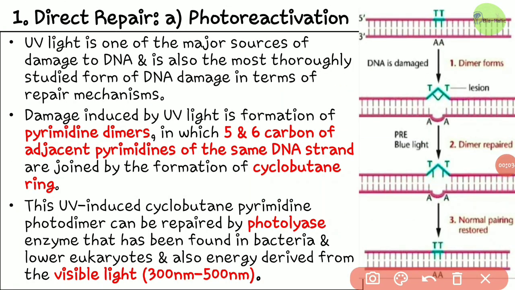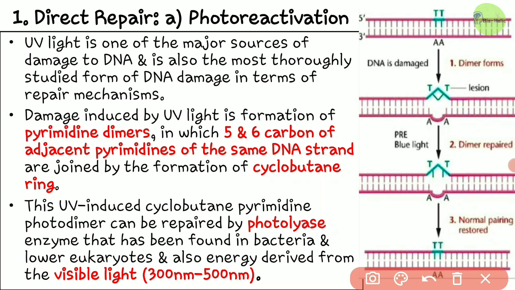In the process of photoreactivation, UV light is one of the major sources of damage to the DNA chain and is also the most thoroughly studied form of DNA damage in terms of repair mechanisms. The major type of damage induced by UV light is formation of pyrimidine dimers.